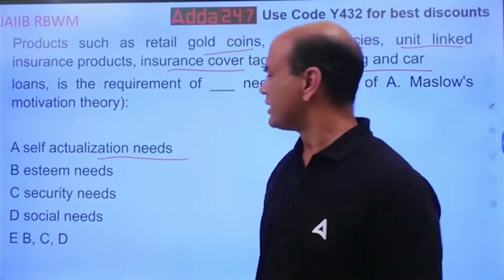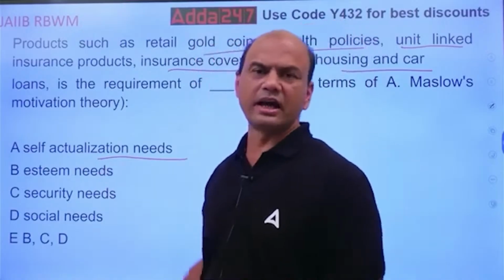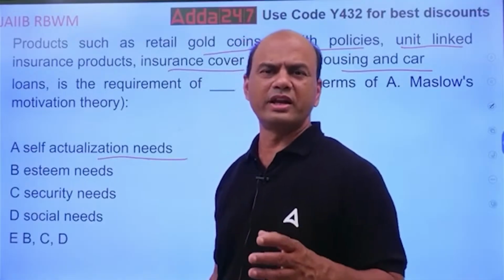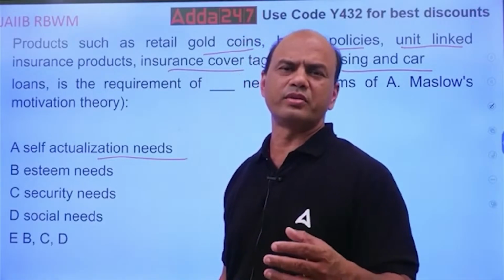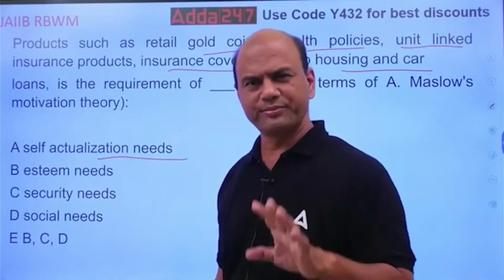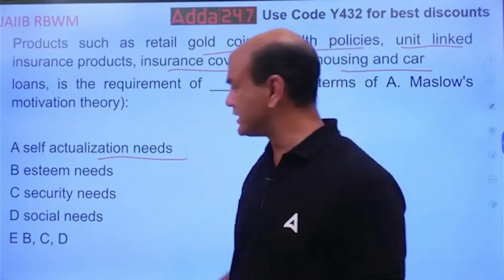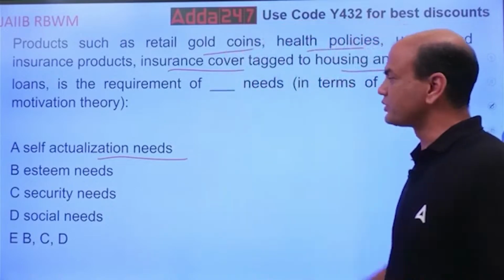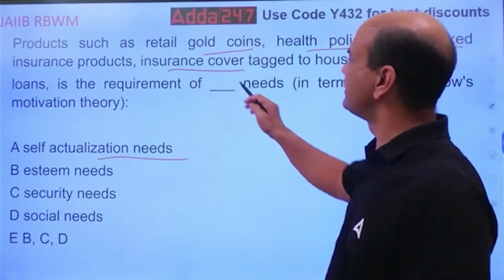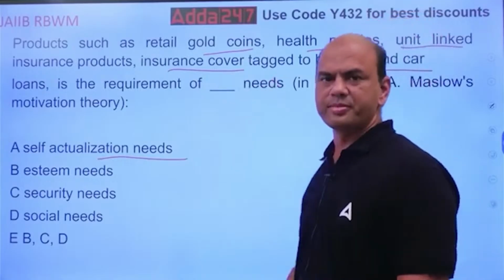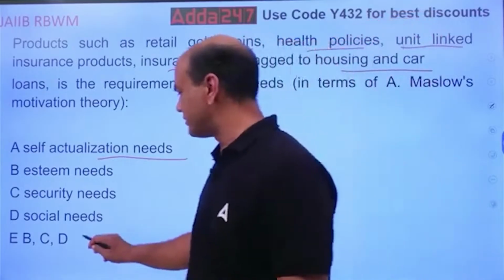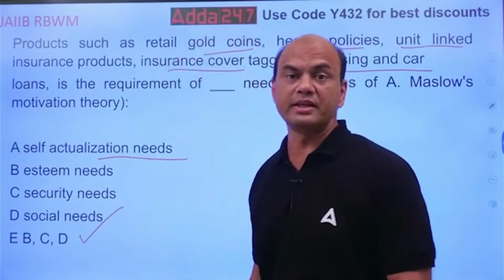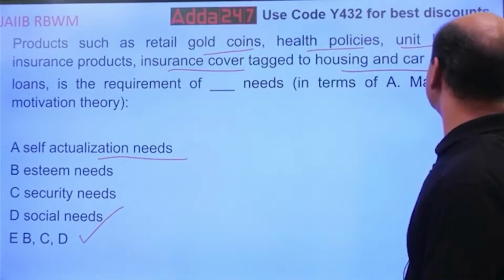All these remaining ones are in the category of roughly age 20 to 40, 45. So these persons will invest in all these products. But the old person rarely will invest in insurance. So that's why the answer becomes B, C and D.